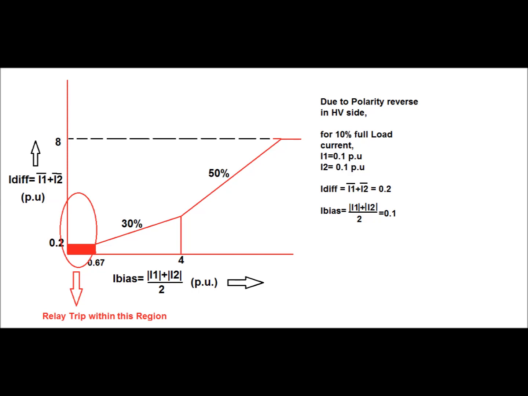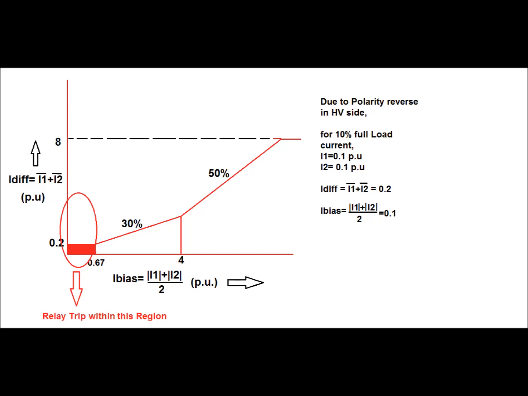send a trip signal. Now at 10% full load current, I1 comes to 0.1 per unit, and I2, the secondary value or LV side value in per unit quantity, also comes to 0.1 per unit.